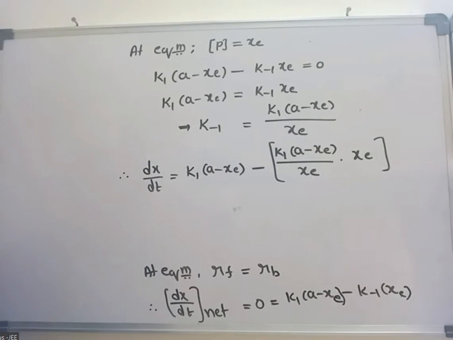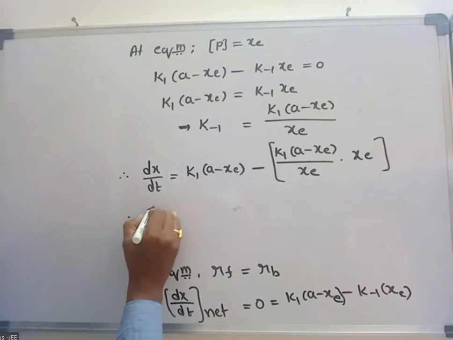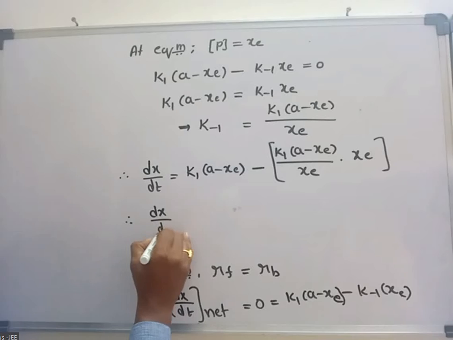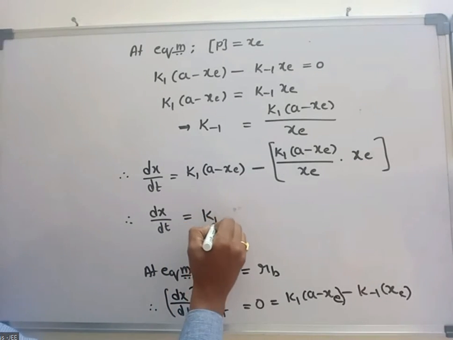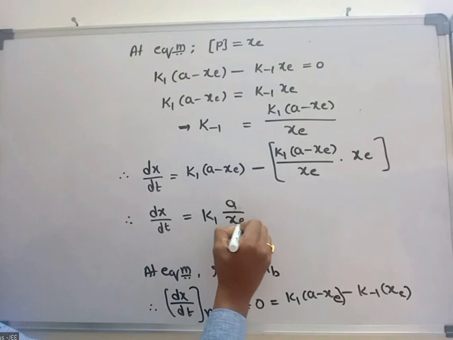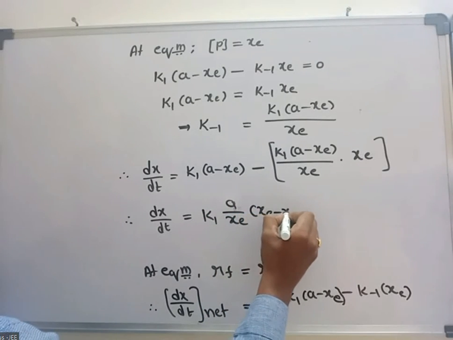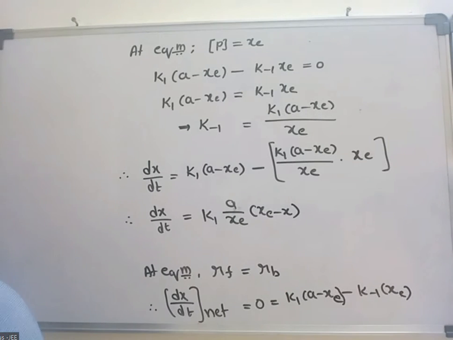Note down. Therefore, dx by dt equal to K1 into A by Xe into (Xe minus X).